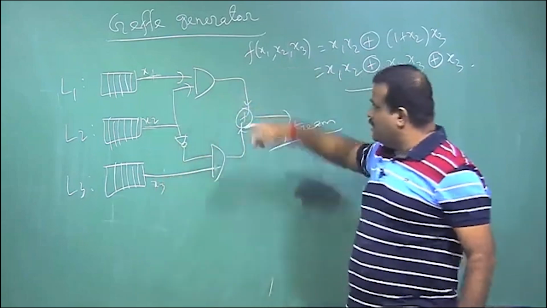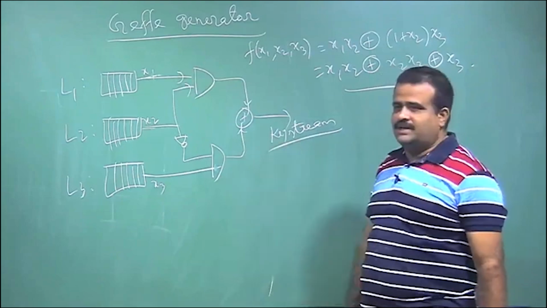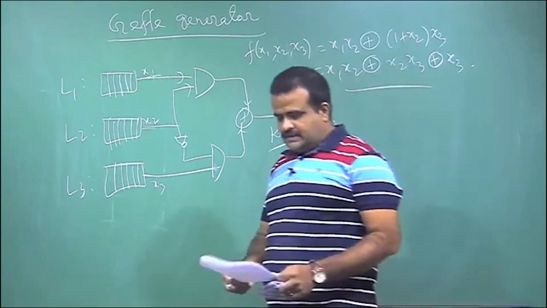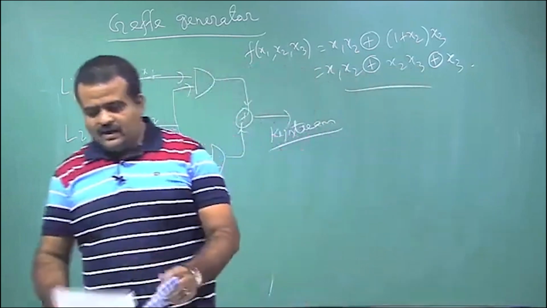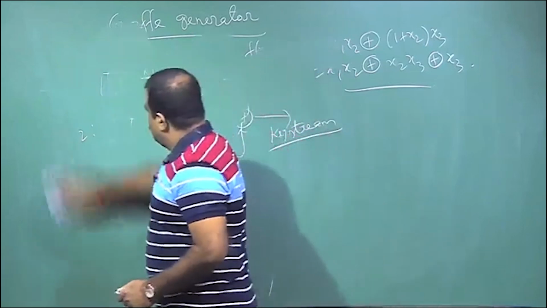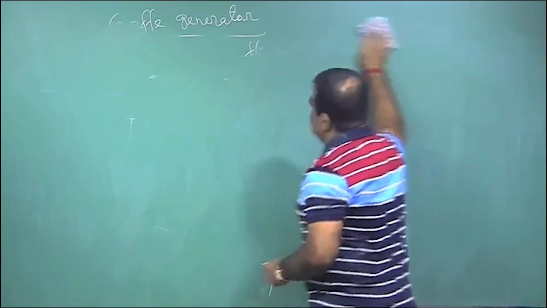Then we take a nonlinear function f to make it a nonlinear key stream generator. So, this is the example where we can use LFSR as a nonlinear LFSR to generate a nonlinear key stream, although LFSR is linear.